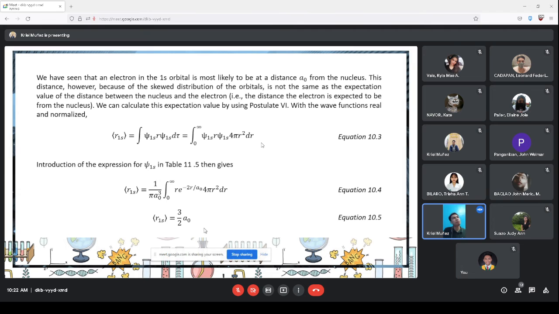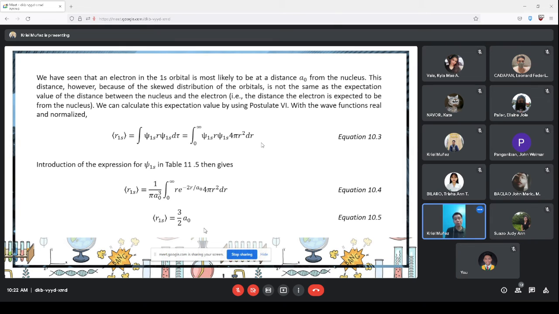Like for example, hydrogen-like atoms na nasa n is equal to 3, nasa period number 3 na, they could actually borrow the d orbital. So madami tayong possibility class, possible values for the R. And this is how you calculate the expected R value.